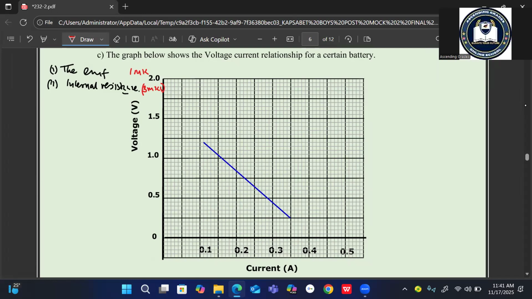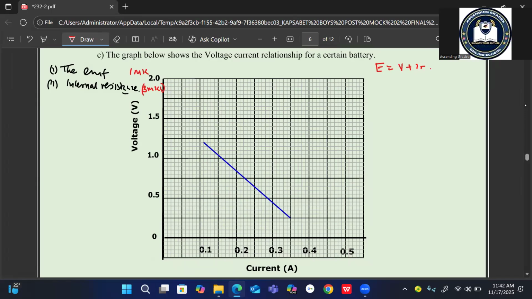So this is voltage against current. We need to interpret things right here. The first thing is, we know that from the equation, EMF is given by the potential difference plus IR.